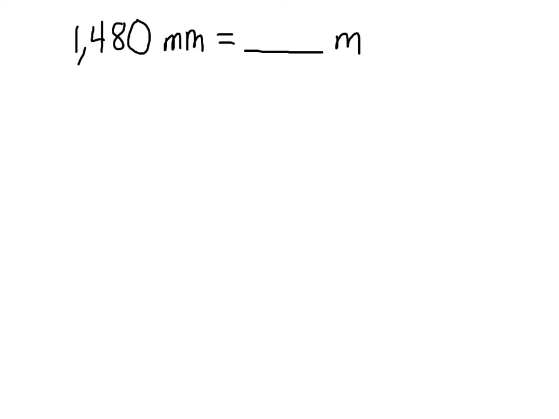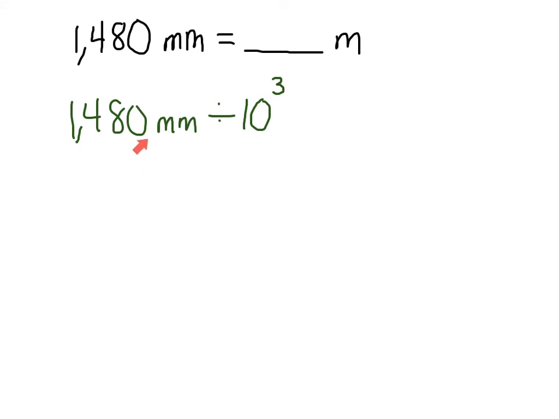So I'm going to end up with 1,480 millimeters. I'm going to divide that by 1,000, or 10 to the third power. And that's going to tell me to move my digits 3 places. So my digits are going to move to the right 3 places.